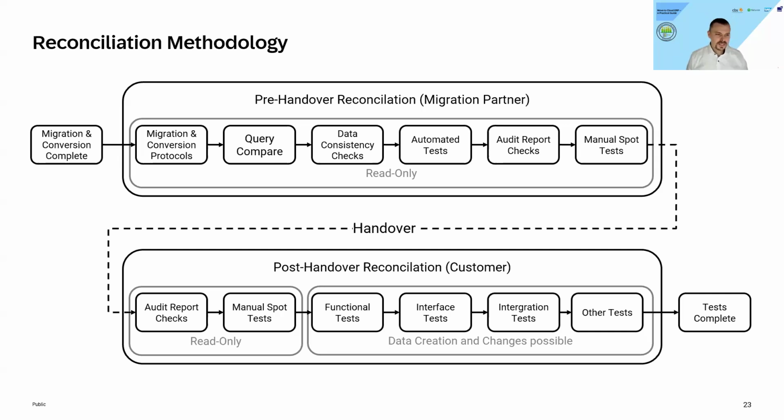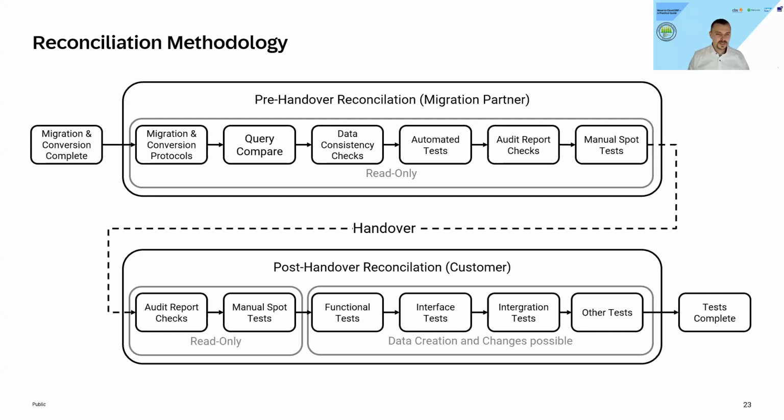Yes, sure. Thanks, Dominik. So when we are talking about the reconciliation methodology, or the whole topic of validation, we have this divided, which also completely makes sense from a project perspective, into a pre-handover, which is more on the migration partner side, and then the handover in a second step. After the handover, the validations, or really the testing, happen on the customer side, testing processes and so on.